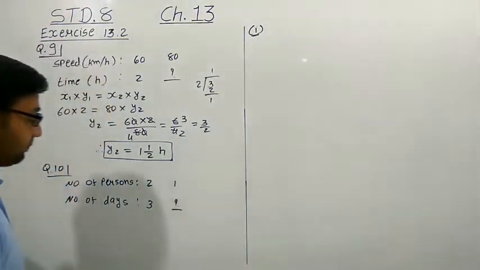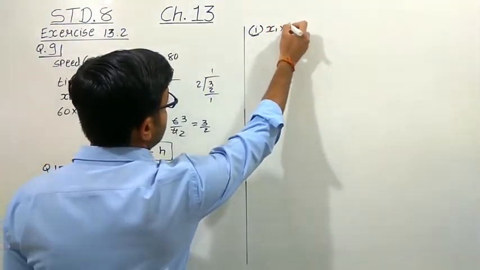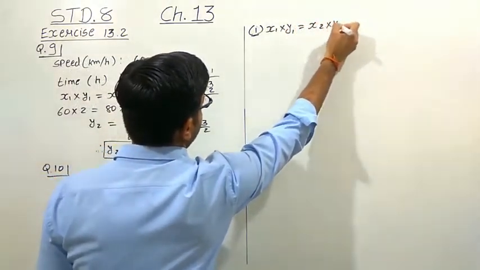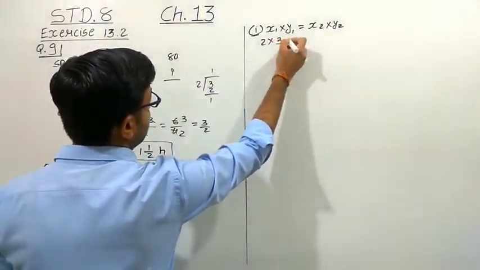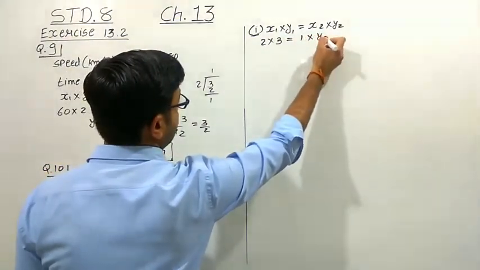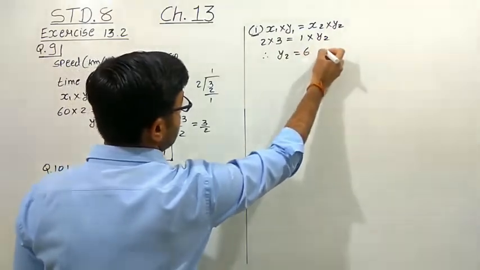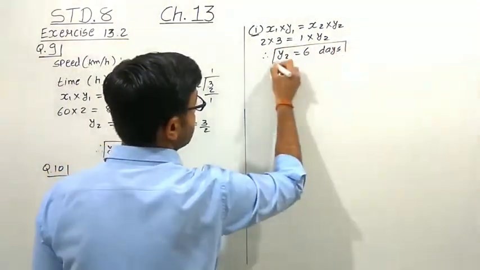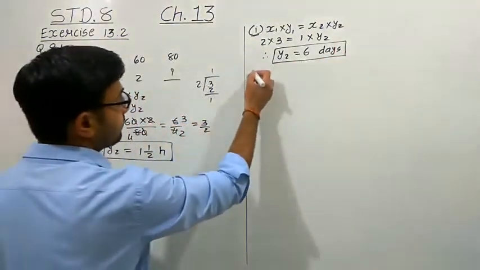So let us find out using inverse proportion, x1 y1 is equal to x2 y2. So here x1 is 2 into 3, x2 is 1 into y2. Therefore y2 is equal to 6 days. So if only one person is there to work, he will take 6 days to complete the work.